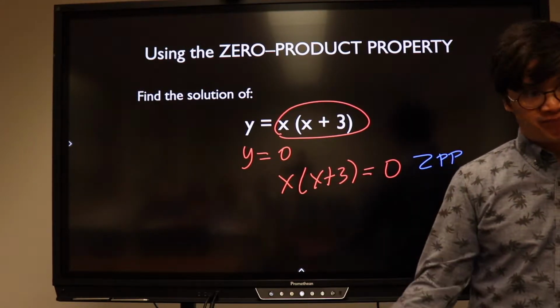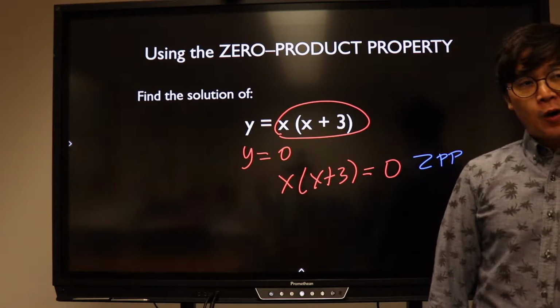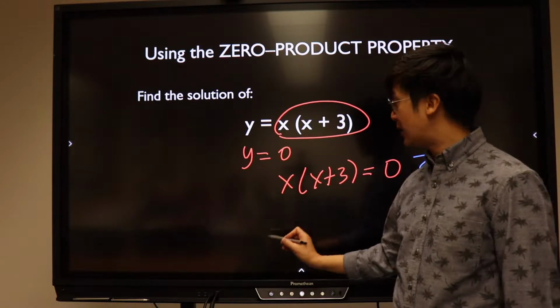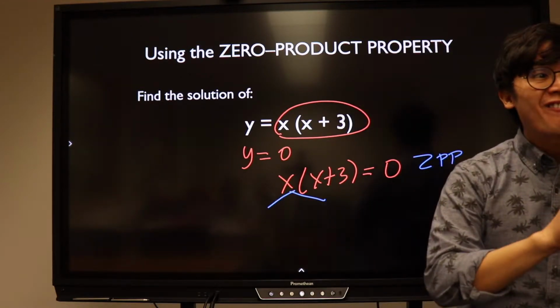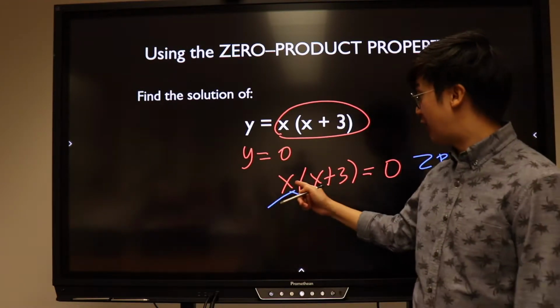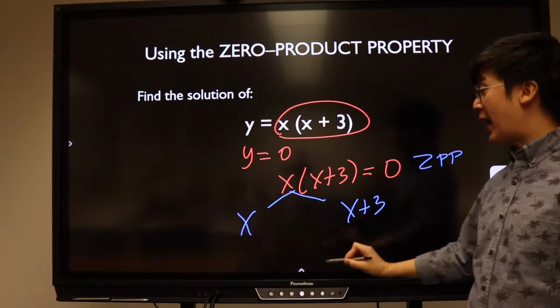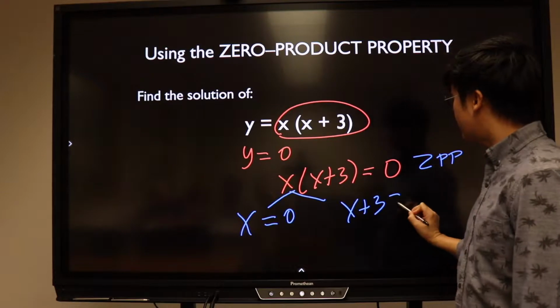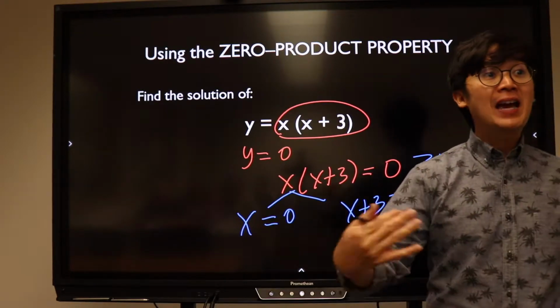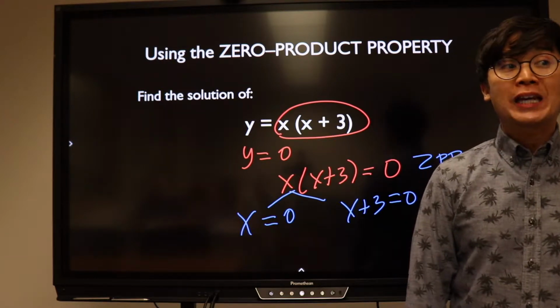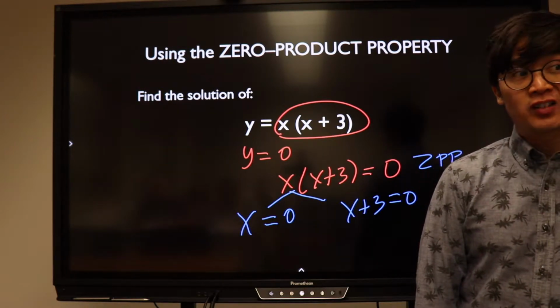Just like what I mentioned a while ago, it's basically equating both factors to 0. The first factor is x, the second factor is x plus 3, and we're going to equate each to 0. That's how we do it algebraically: factoring it, equating it to 0, and then solving for x.